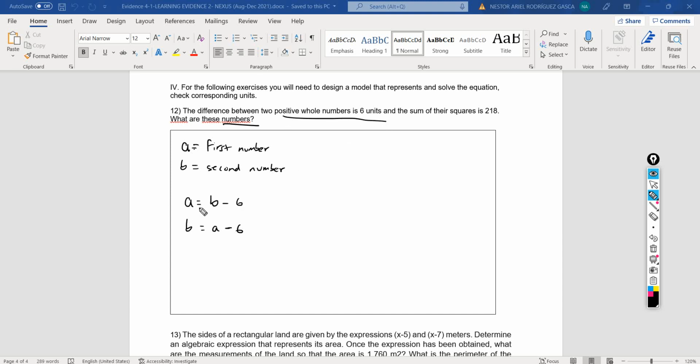And we're going to check whether it is possible to do the problem taking this branch or this branch, because they're not the same, right? In here I'm saying that A is greater than B because A is equal to B minus 6, and in here I'm saying that B is greater than A. You see what I mean? Now the other way around, I'm sorry, A is less than B, and in here I'm saying that B is less than A.